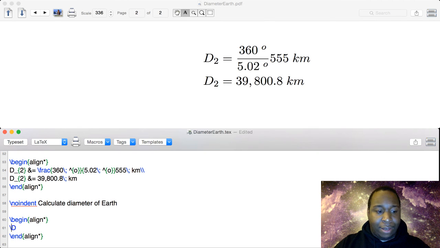Let's put this in a text field. This has to be equal to D2 divided by pi. I think that's correct.